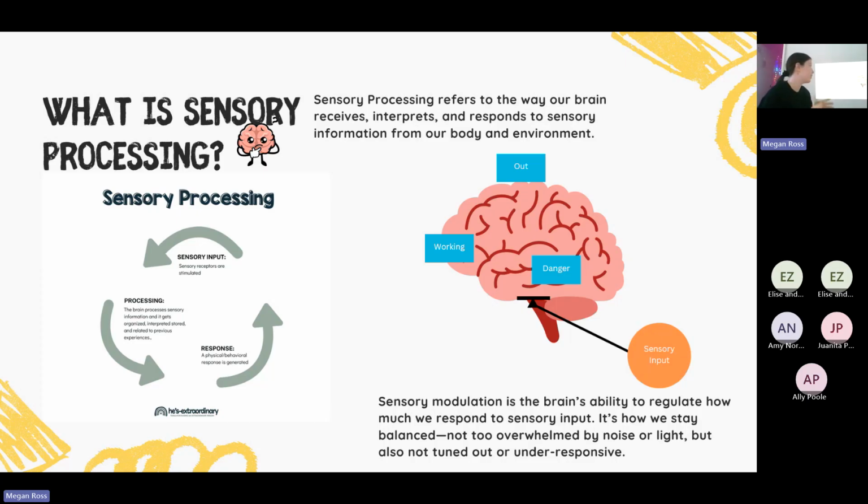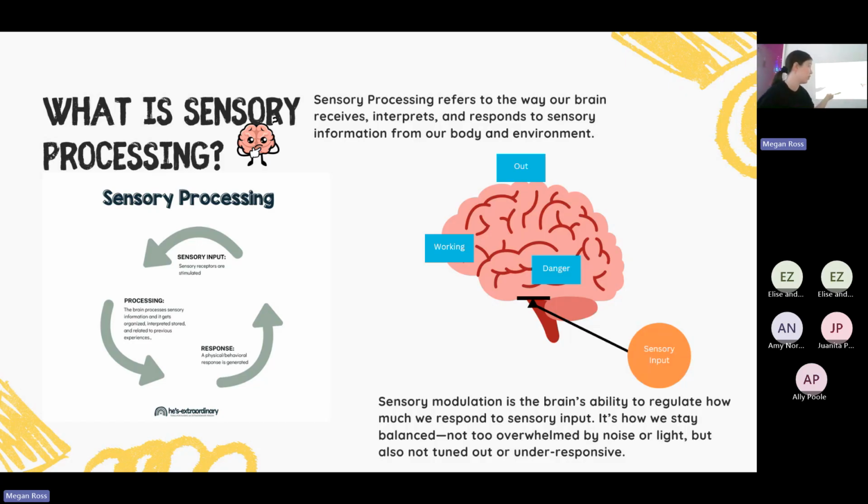So things that we would expect to get filtered out, like background noise or the feeling of our clothes on our body, actually get sent to the working part of the brain, and they can become really irritating, really annoying or really uncomfortable, or we're really distracted by all these things that other people may be able to just filter out. But someone whose sensory profile is a bit more sensitive might notice that information more than others, and it's going to that working part and filling that working part of the brain up.